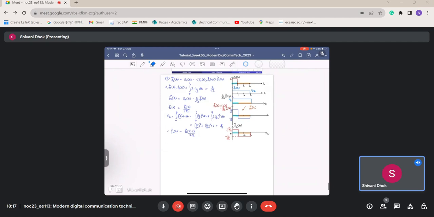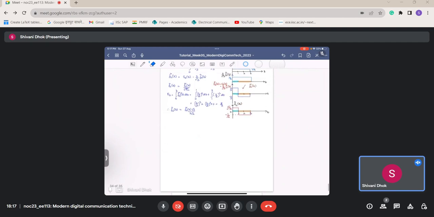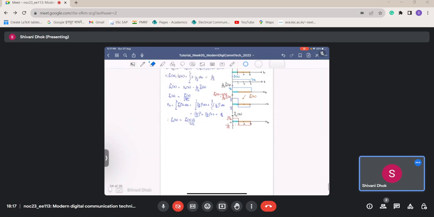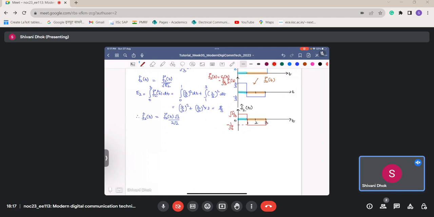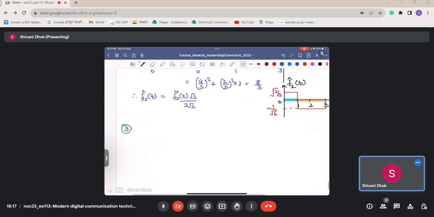Now what we need to do is repeat the same thing for the third one. So let's say f3 tilde t is the intermediate thing that we are having.